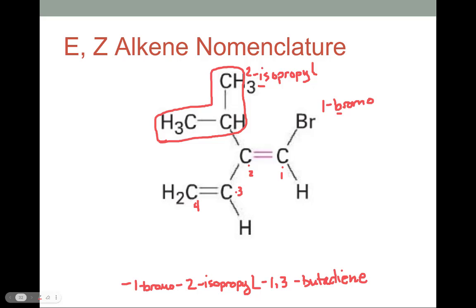1,3-butadiene, and then out front, I need stereochemistry. Again, I don't have to worry about the 3 alkene here because I have 2 hydrogens. I just have to worry about this one. So again, we'll split this by atomic number. Bromine way outranks hydrogen. That one was easy. What about over here? If I go out one step, I run into carbon.